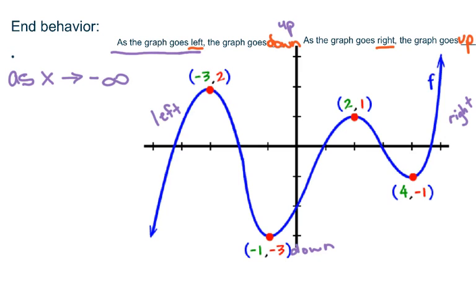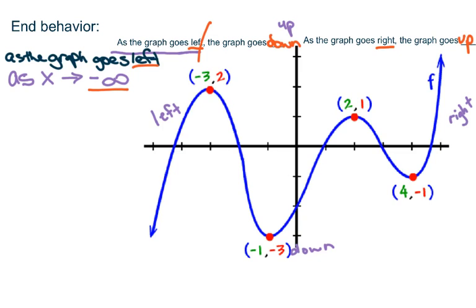All right, so let's look at this. This is as the graph goes left. Okay, negative infinity is left. Now, we've only said half of this statement though, right? We've only done as the graph goes left. So as the x's, that little arrow means goes.